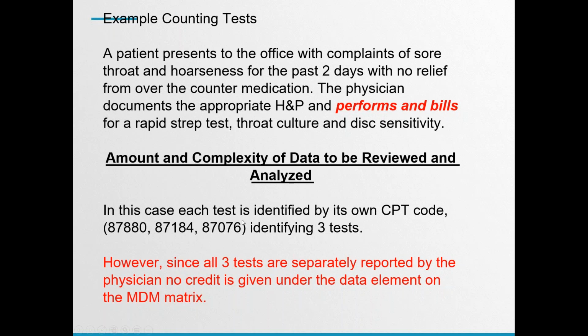In this case, each test is identified by its own CPT code, right? We have 3 tests: the rapid strep, the throat culture, and the disc sensitivity. But since all 3 tests are being separately reported, meaning they're done in the office, that physician does not get credit under the data element on the MDM matrix.